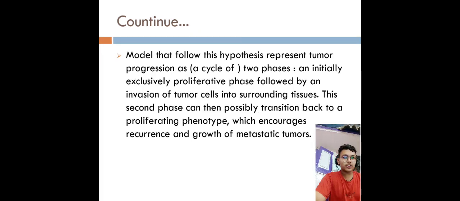Models that follow this hypothesis represent tumor progression as a two-phase process, an initially exclusively proliferation phase followed by an invasion of tumor cells into surrounding tissues. This second phase can possibly transition back to a proliferation phenotype, which encourages recurrence and growth of metastatic tumor.